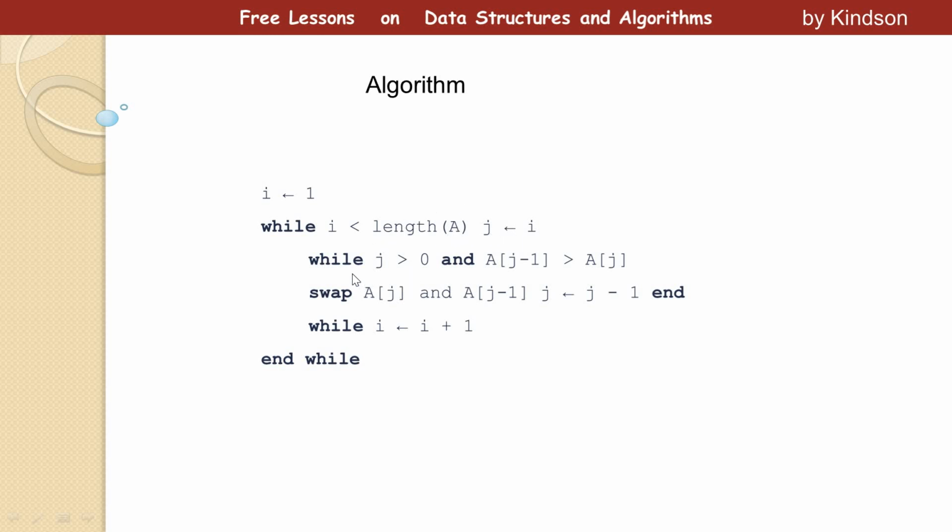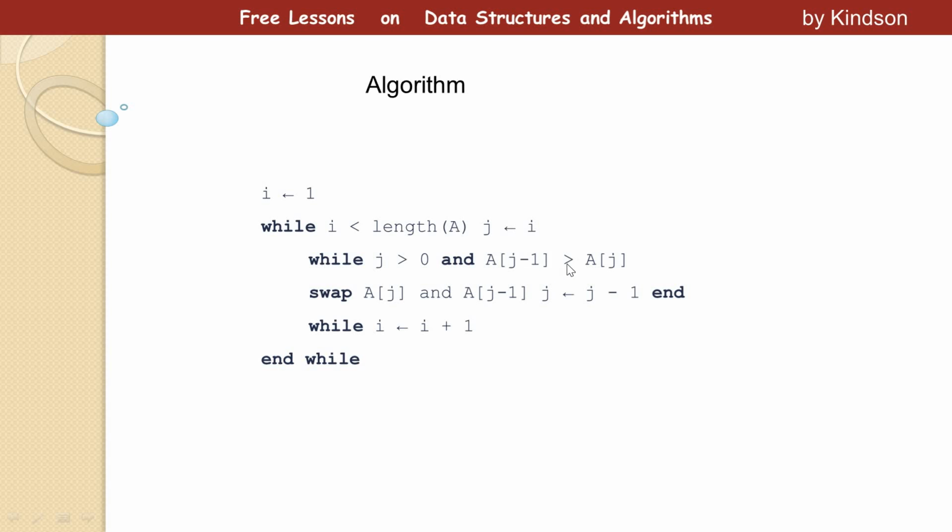Okay. So while j is greater than 0, we have an index that is counting backwards from the key as we compare back to position 0, and A[j] is greater than A[i].